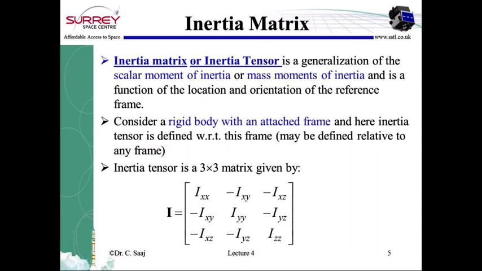And here we have the definition of the inertia matrix I. Please note that this is not the identity matrix I, but I is the standard notation we use for the inertia matrix as well. So this is a representation of the inertia matrix.